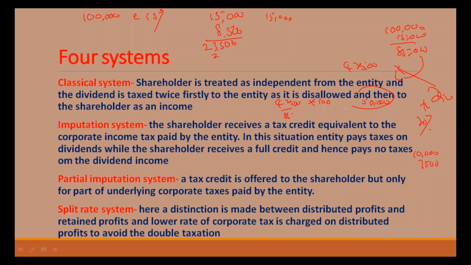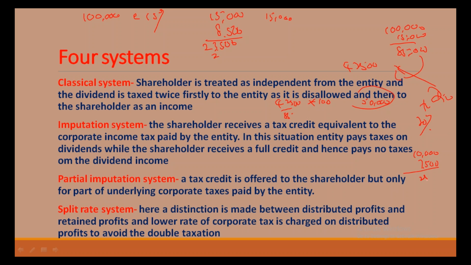So even though I have to pay 10,000, I will claim that credit of 7,500 and pay only another 2,500. So what is the total tax the company and I will pay?